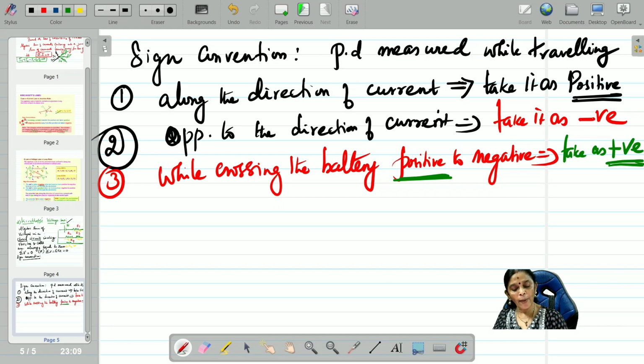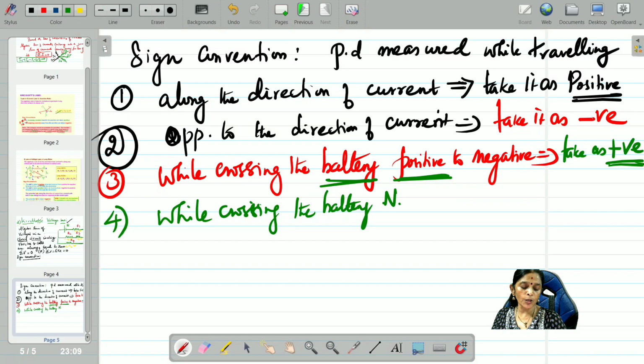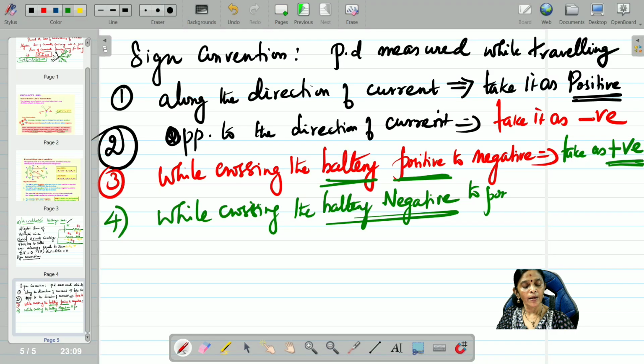While crossing the battery from positive to negative, positive. Next, while crossing the battery the opposite way, negative to positive, then in this case you have to take it as negative. This is the other way around.